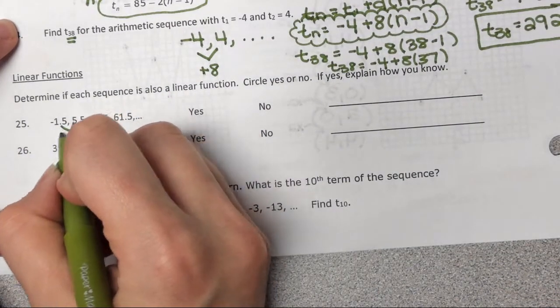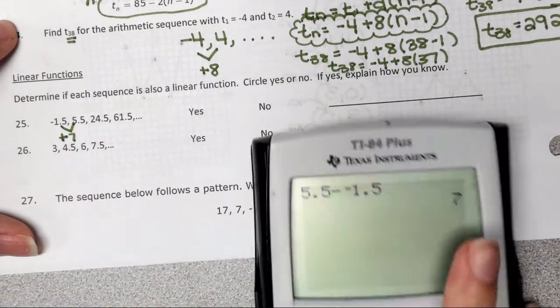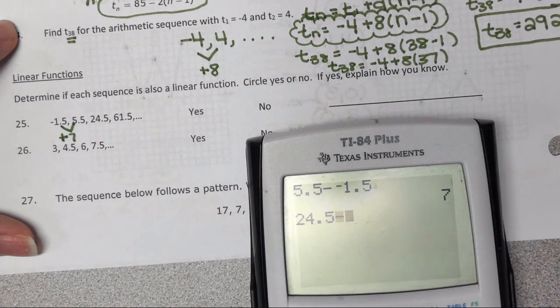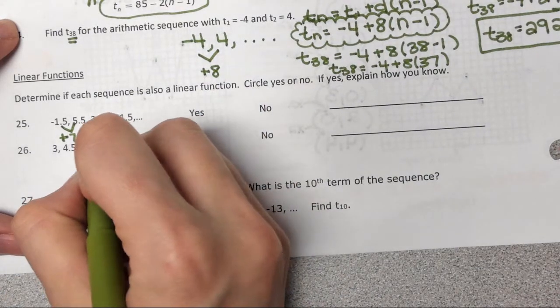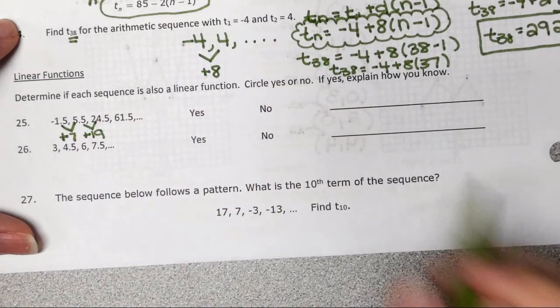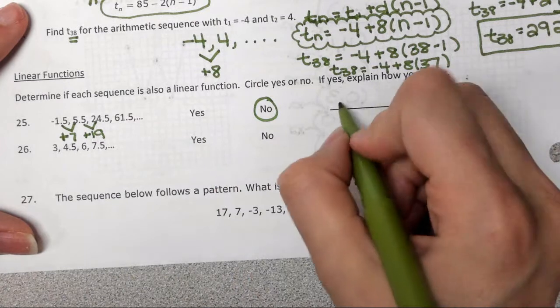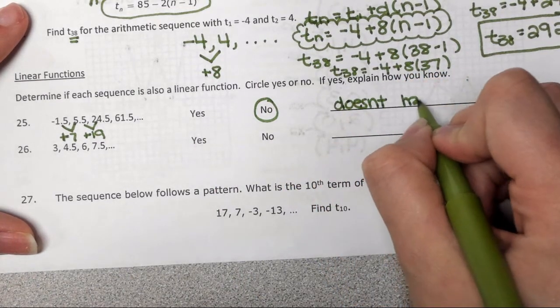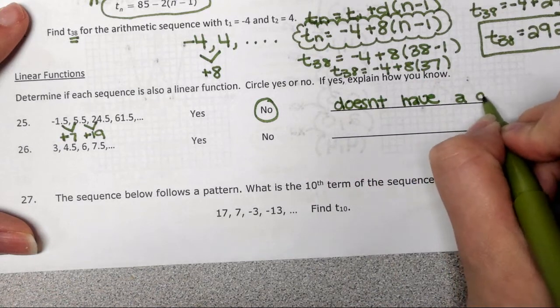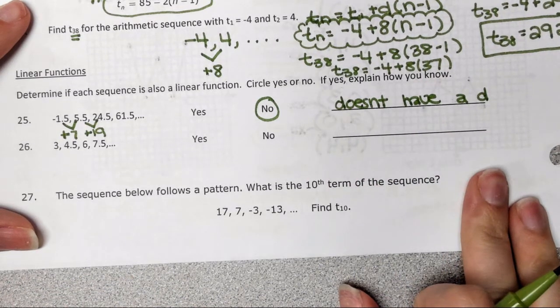So that's plus 7. 24.5 minus 5.5. That's plus 19. You can see from here that it's not linear. It doesn't have a D, or a common difference.